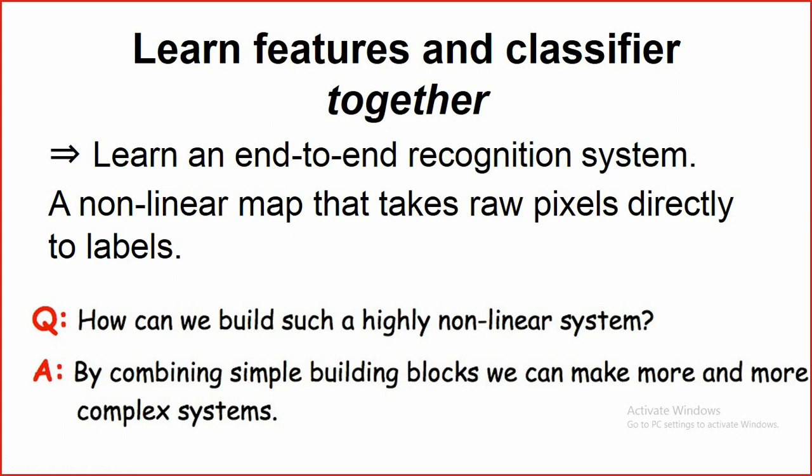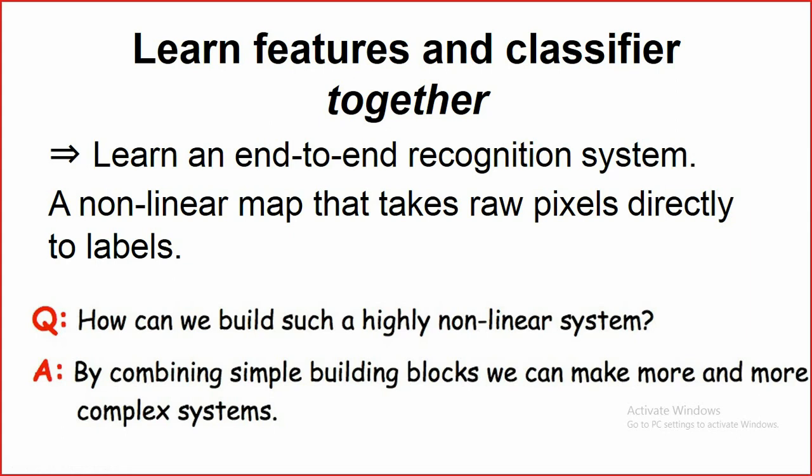So the CNN is a nonlinear mapping that takes raw pixels directly and maps them to the labels. But how can we build such a highly nonlinear system? There are two approaches.